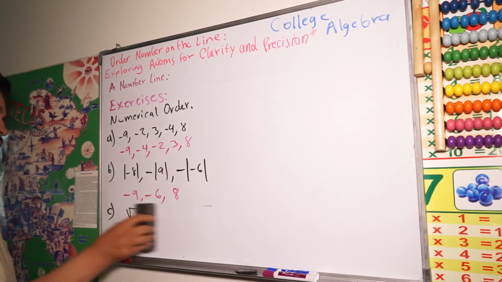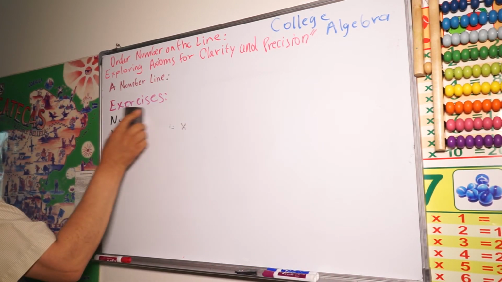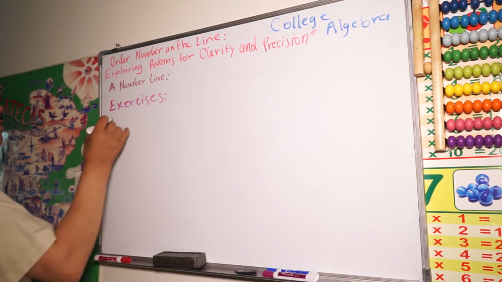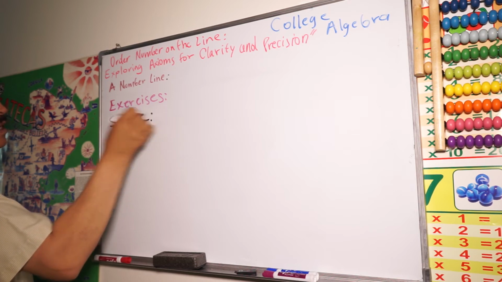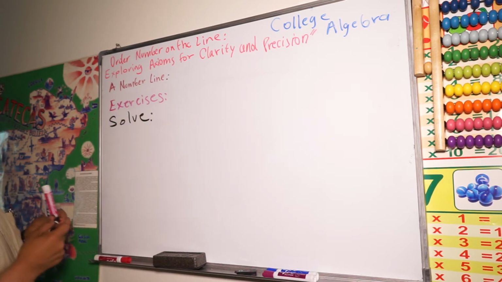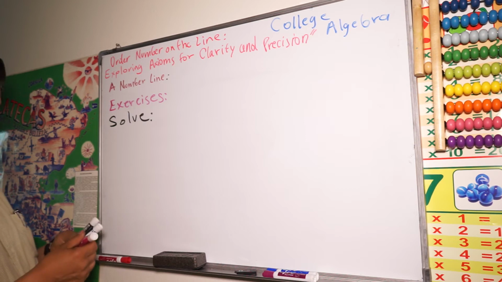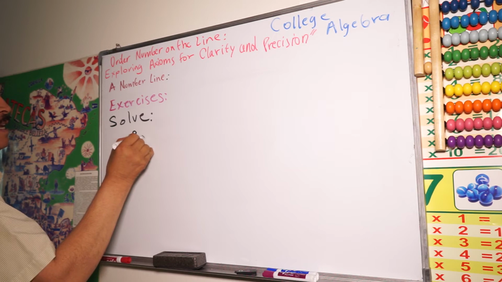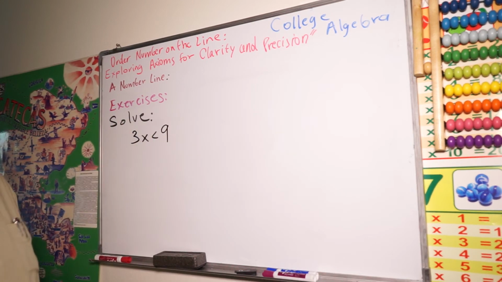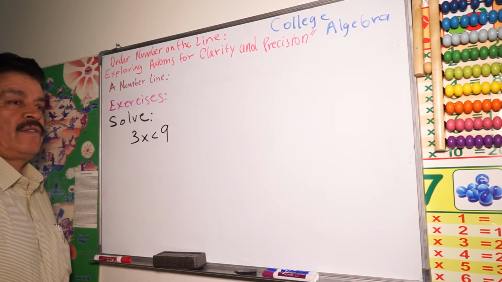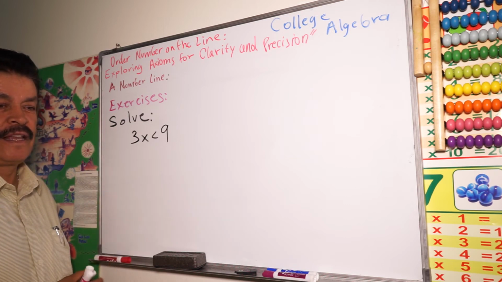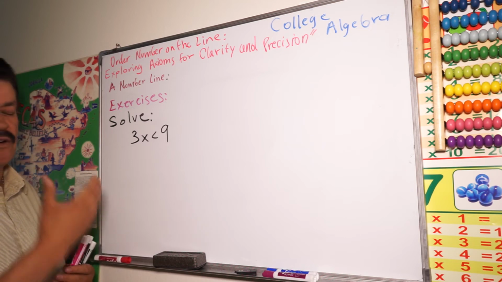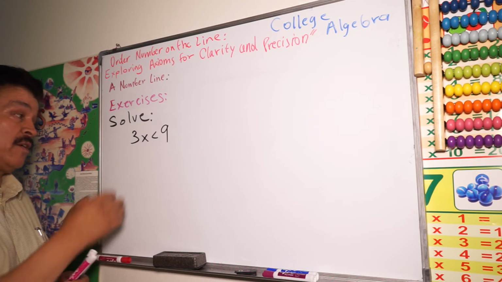Okay, let's do another kind of exercise. So now we have to solve a couple of problems, all right? They are included in this topic, in this class. One could be, for example, 3x minus 9. Remember when I asked you about the meanings of the symbols, the greater or equal, less or equal?